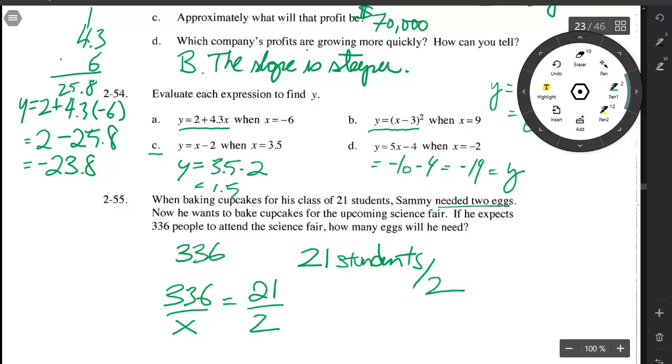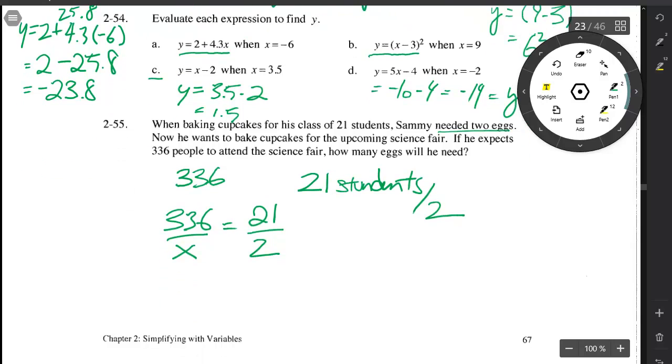To try to get the x all by itself, this is what we do. We want to multiply by x to get the x on the other side, right? We want it to be in the numerator. So the x's cancel out here. And now we have 336 equals 21x divided by 2. We want to get rid of the 2 in the denominator, so we multiply by 2.